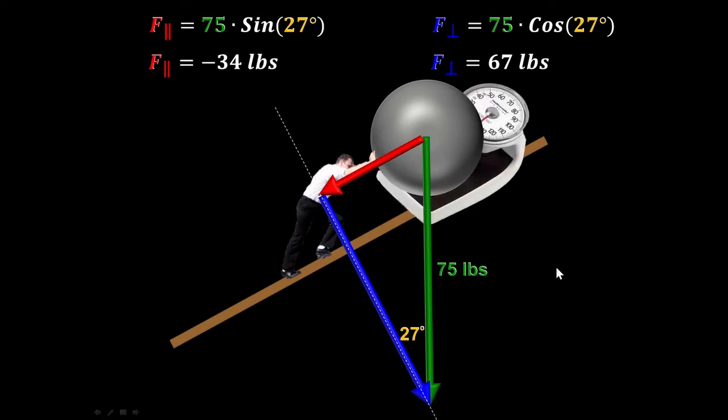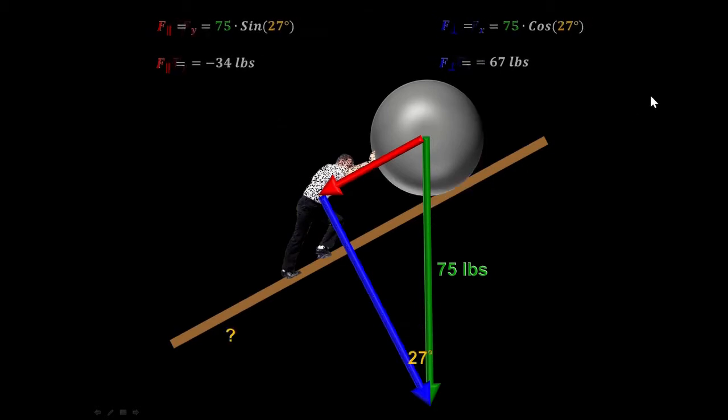If we were to put that ball on the scale when it's on level ground, the scale would read 75 pounds. But when the scale is on the ramp, and we'd have to maybe glue the ball to it so it wouldn't roll off, we're trying to measure the force that is against the scale, and that's this component. So when it's on the ramp like this, we would measure 67 pounds on that.